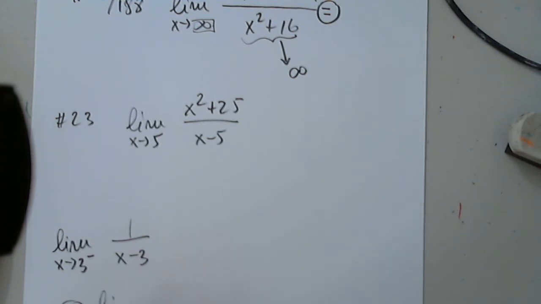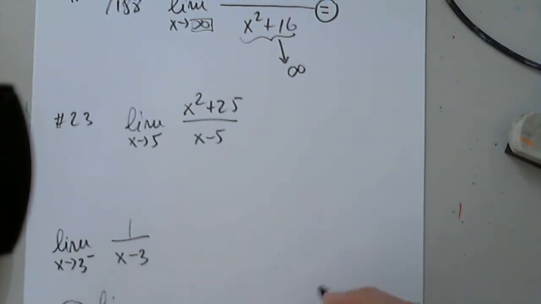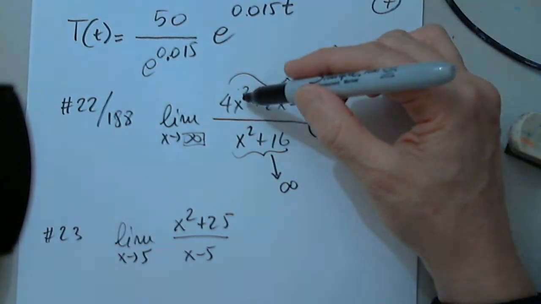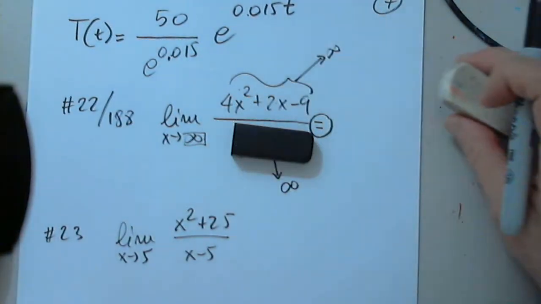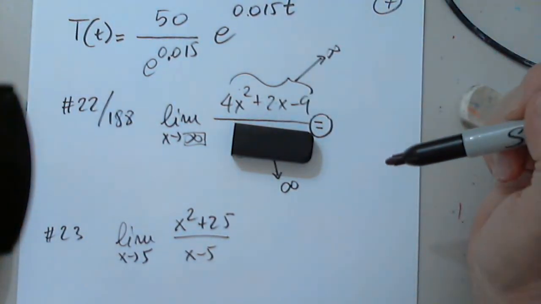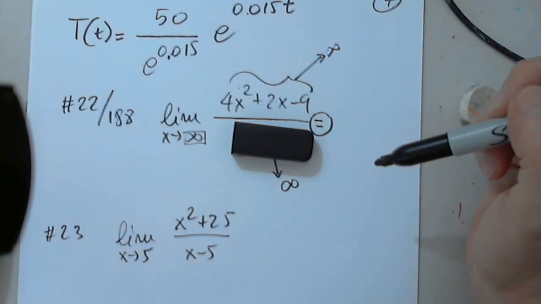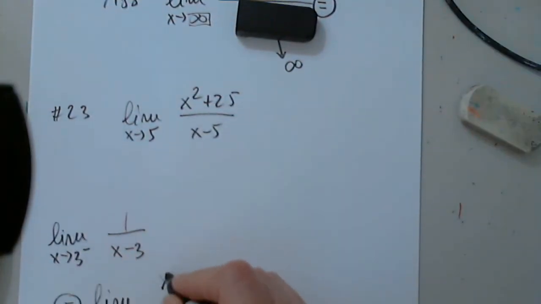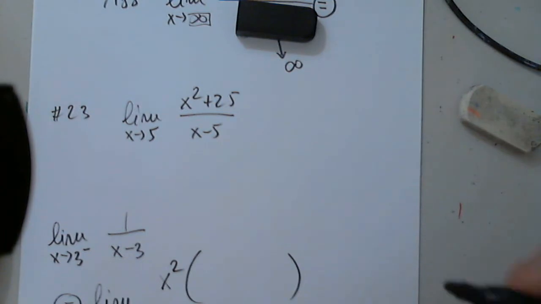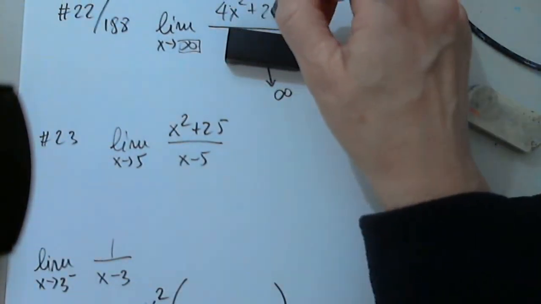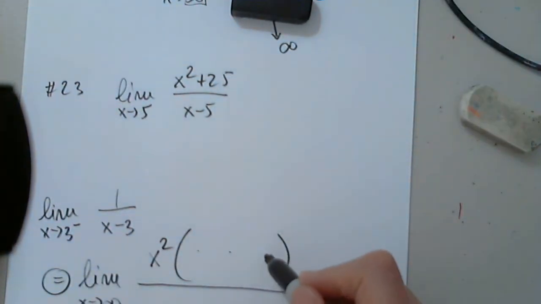write limit as x approaches infinity. And as we did before, what is the degree of the numerator? Second degree. Good. So we factor out the degree. So I have three terms. I have to come up with three terms here.